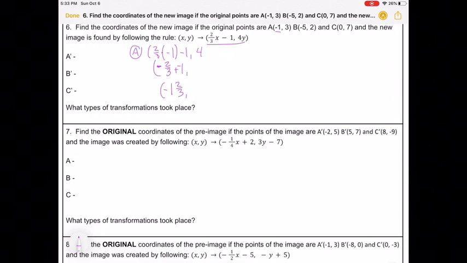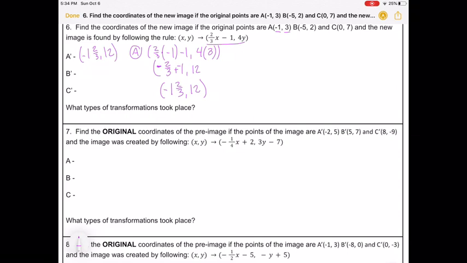So that's going to be 4 times the current y value, which is 3. All right, so 4 times 3 we know is 12. All right, so my first A prime is negative 1 2/3, comma 12. Okay, again, go ahead and pause and try to do B and C on your own.